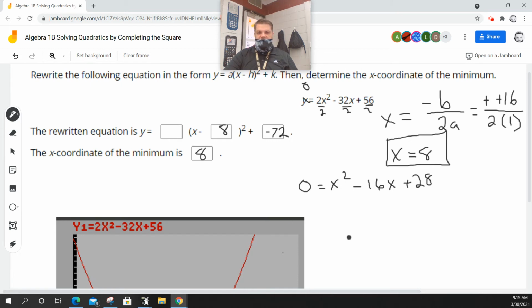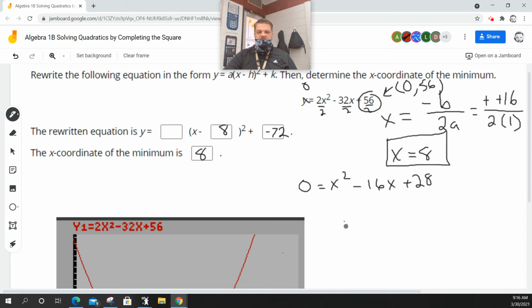Well, to find A, I'm just going to take this equation and evaluate a point on it. I know that 56 is the y-intercept, and that means the y-intercept occurs when x equals 0. So if I plug in x equals 0, it crosses at 56.